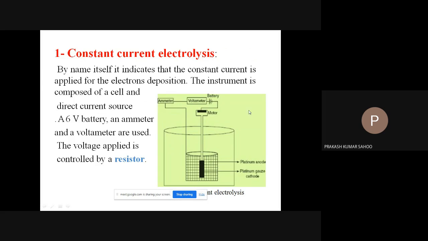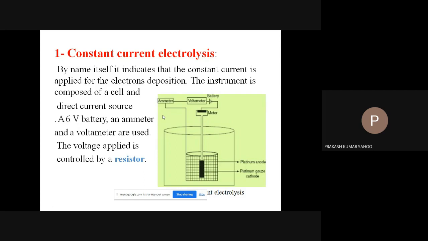The same figure is here. This is a platinum anode, or generally a platinum wire is taken, and one platinum gauze, a net-like structure, is there. Then it is dipped in the sample solution with a potential difference of 6 volt, just the same as a battery used in electric torches.